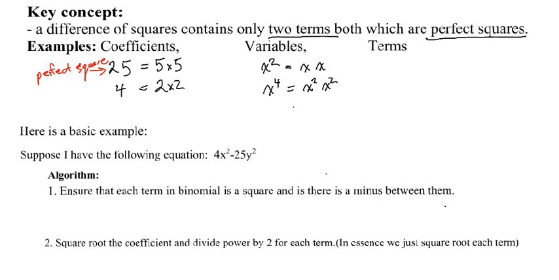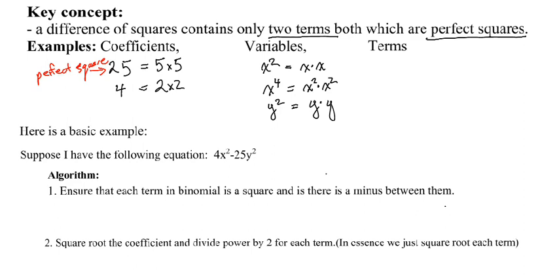And both of these examples are considered perfect squares. I could also write y squared is equal to y times y. And there we have it. So each of these terms, that are just variables here, are considered perfect squares.